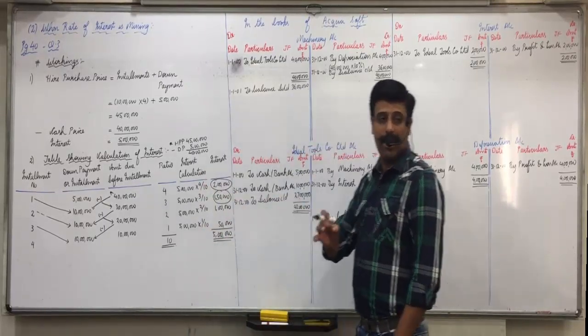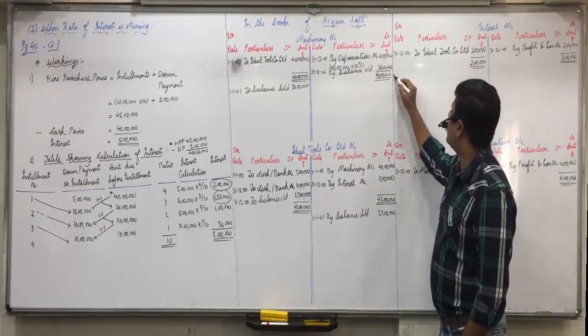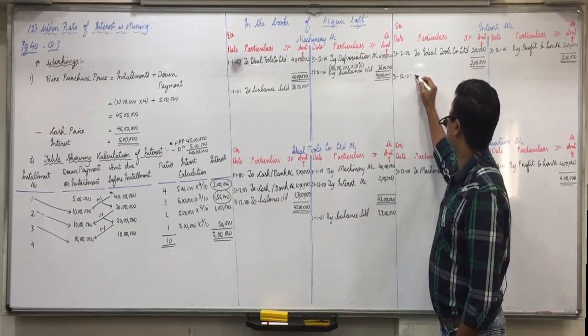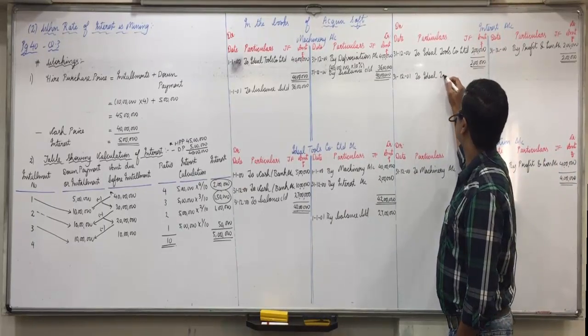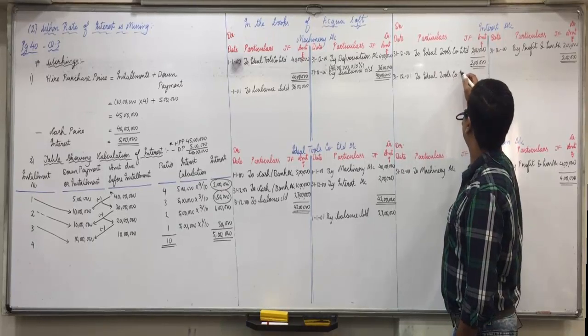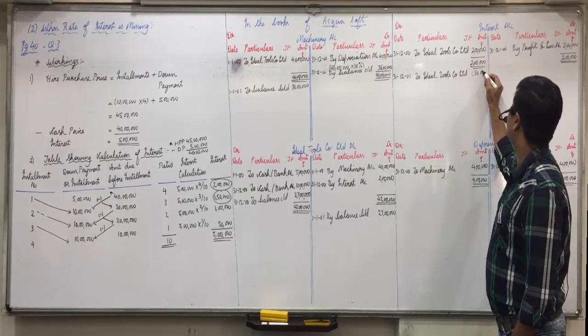Okay, interest account debit to Ideal Tools Company Limited account. Interest account debit side 31/12/01 to Ideal Tools Company Limited with the amount of interest 1,50,000.